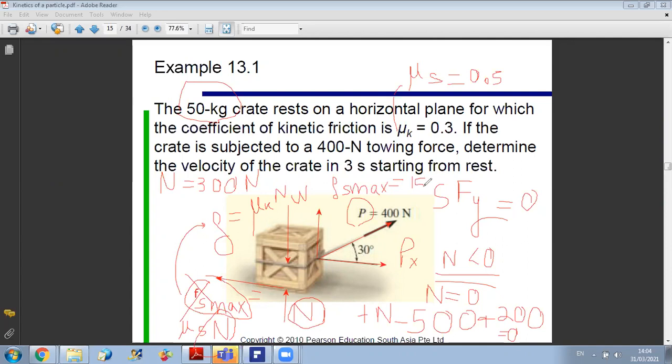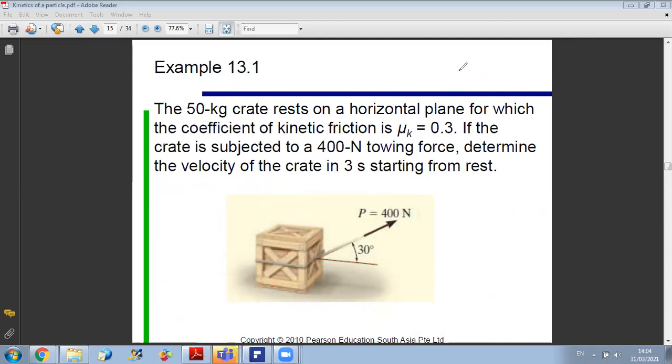Okay? So I can be sure now that my block cannot be in static case. Why? Because P is 400. So if you calculate Px, what is Px? Let me erase a little bit because it becomes messy. So Px is 400 cosine 30, so it's 200 radical 3, which is larger than 150, which is the maximum possible static friction.